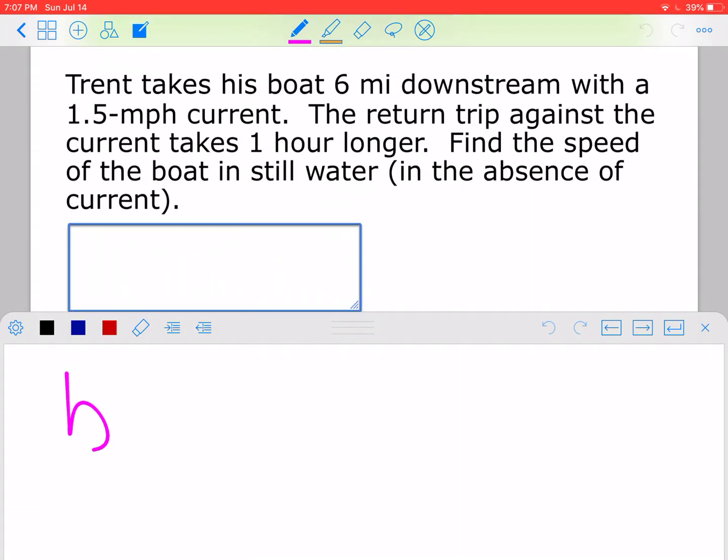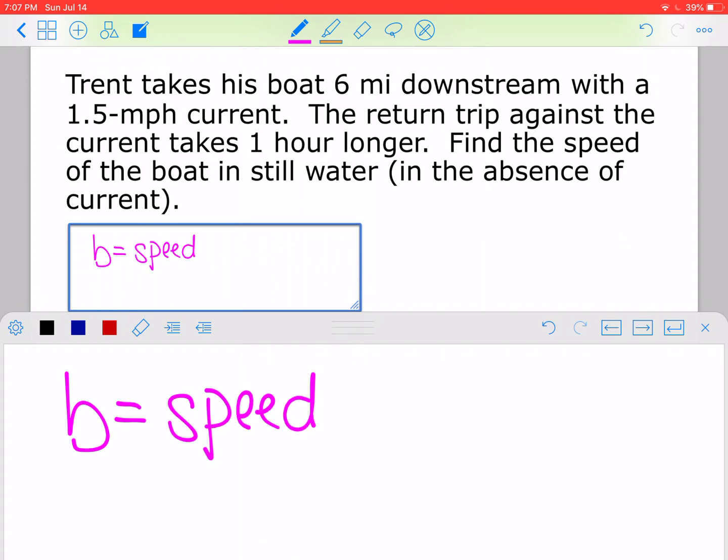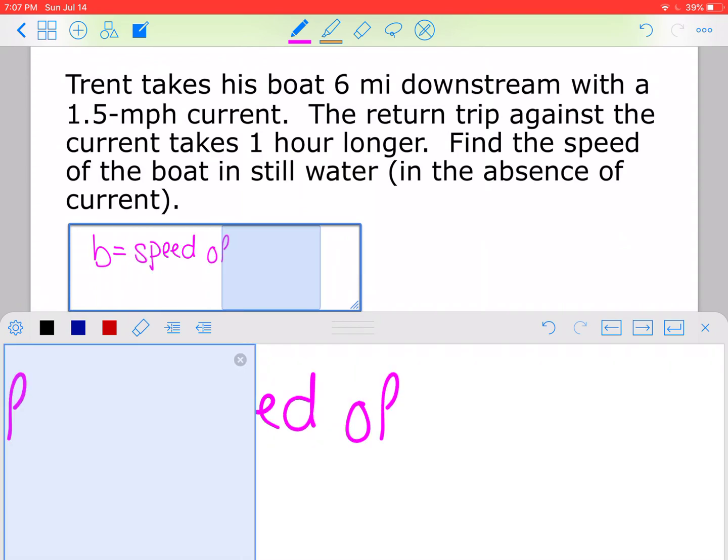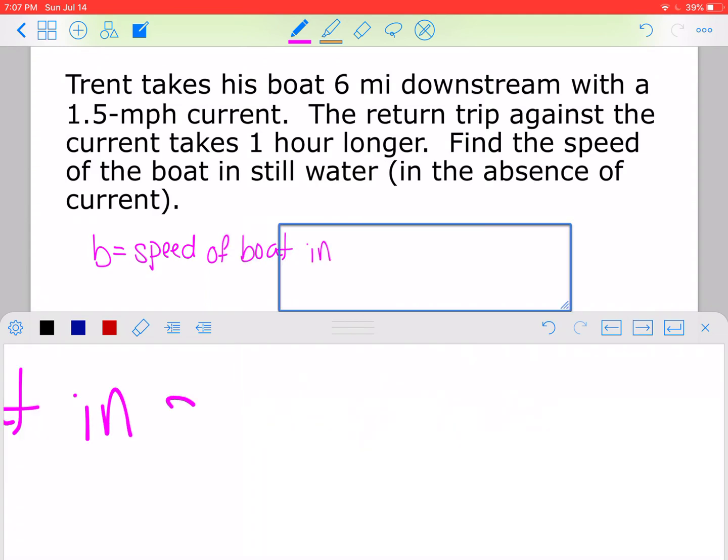So let's say B is the speed of the boat in still water.